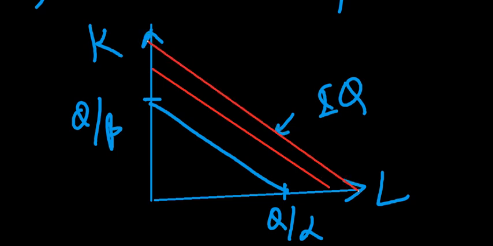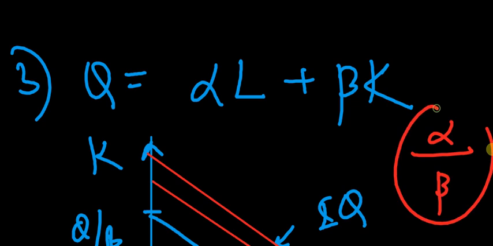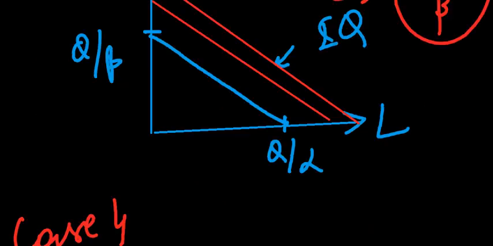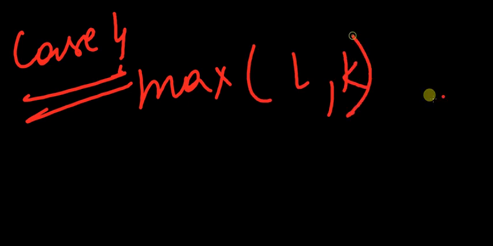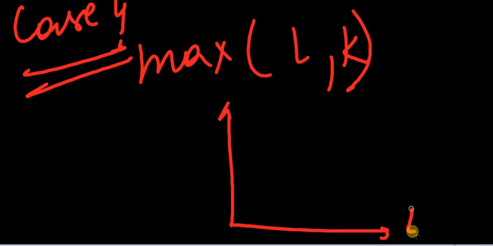Okay, so case 4. In that case, if I have to find the MRTS, it should be the derivative with respect to L upon the derivative with respect to K, so alpha by beta. So if I take the max function, my isoquants would be like this.